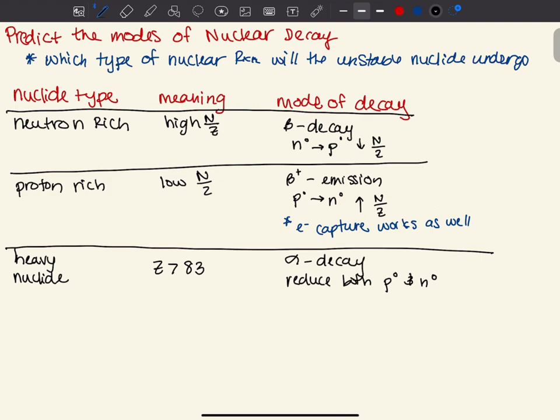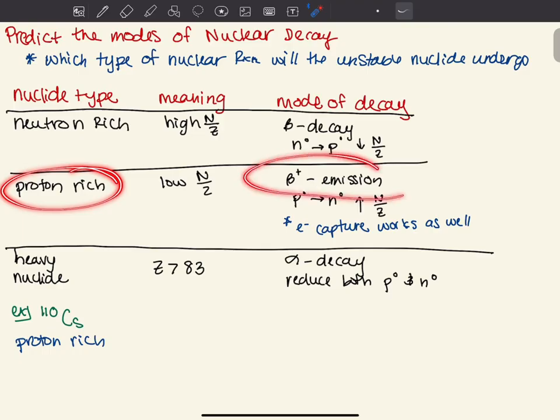So if we look at some of the examples that we saw in the previous video about nuclear stability, we had cesium-110, and it is proton rich. So since it is proton rich, it is going to undergo positron emission.